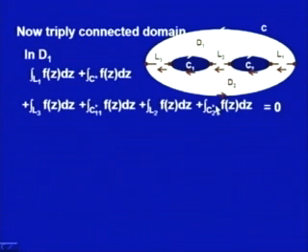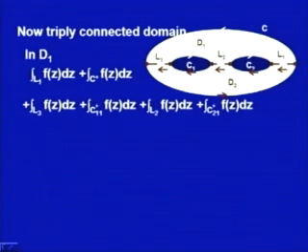In a similar manner I will take the boundary of D2. For the boundary of D2 I would start from here. We go along L3 in the negative direction, then the lower portion of C in the counterclockwise manner, then L1 again in the negative direction, because L1 was defined as going from this side to this side, then C2 in the negative sense, L2 in the negative sense, and C1 again in the negative sense. So let us write it out.